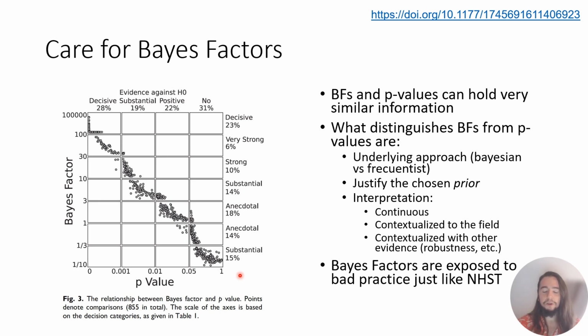And the other thing that distinguishes Bayes factor is that interpretation is, from my point of view, richer, because you can interpret a Bayes factor as a continuous index, a continuous variable, and with p-values, it's better not to do that. Why? Because the distribution of the p-values can be heavily altered if H0 is true or if H0 is false, and also depending on the effect size if the H0 is false.